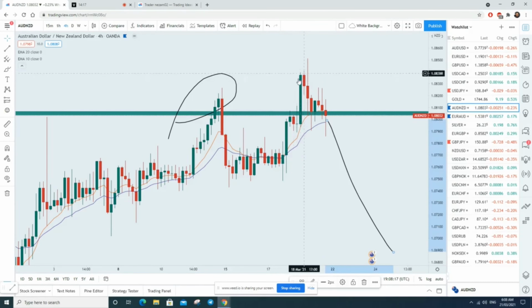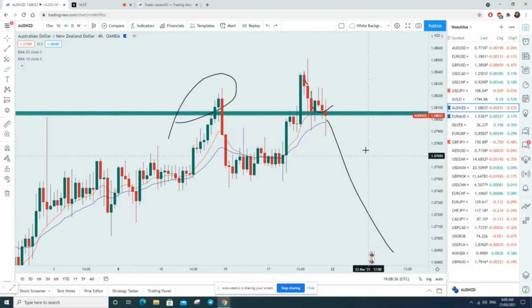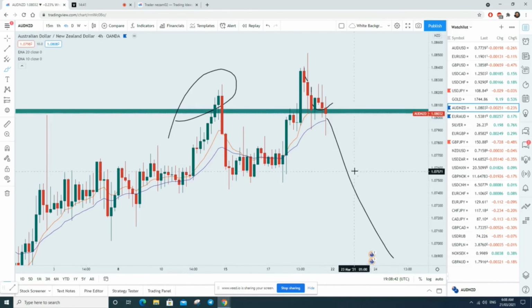Okay, the candle has closed above the resistance, and then there were a few candles as a pullback. These candles are pullback candles. Now the price is still above the resistance. So in that case, we can consider that this breakout happened, and now we can look for a possible trade.